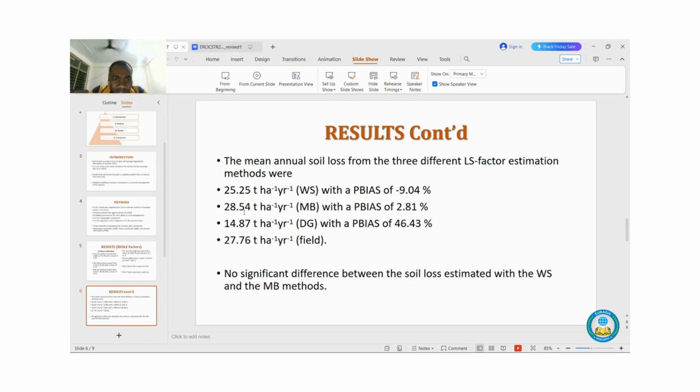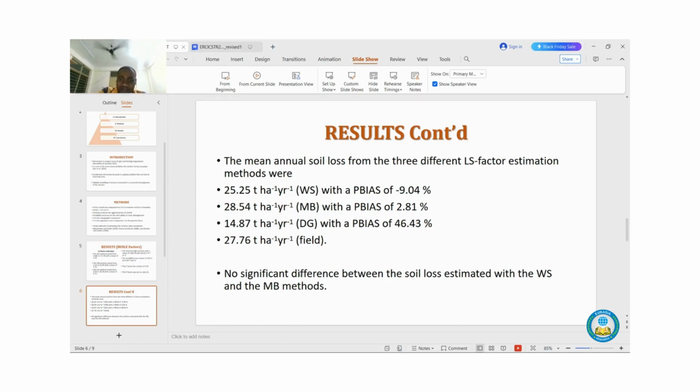The Moore and Burch method had 28.54 tons per hectare per year with a percentage bias of 2.81%, while the Desmet and Govers method produced 14.87 tons per hectare per year with a percentage bias of 46.43%. Results from the field show 27.76 tons per hectare per year.